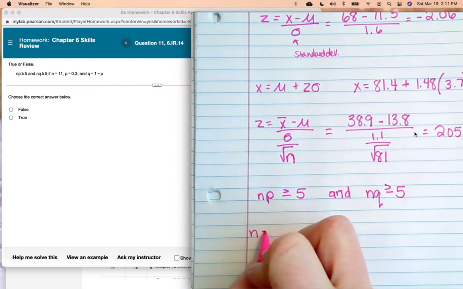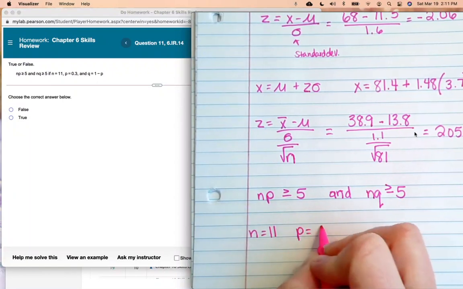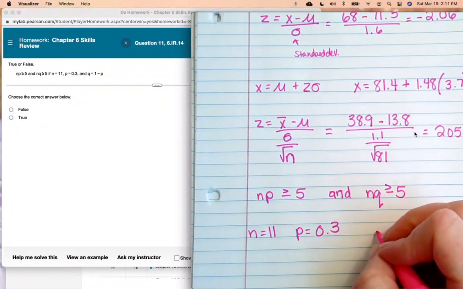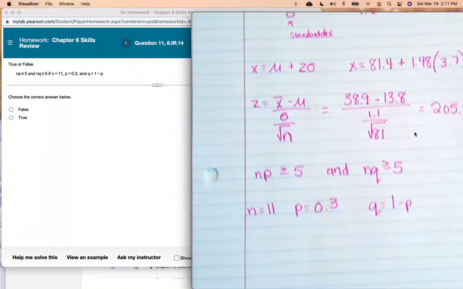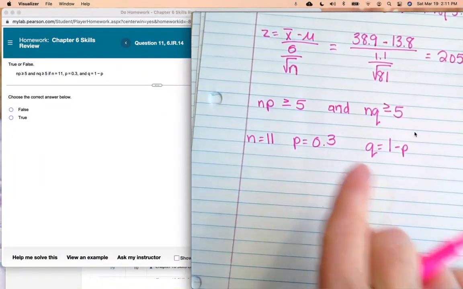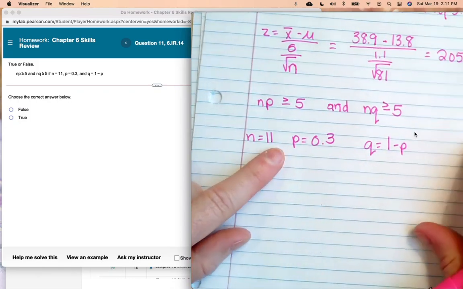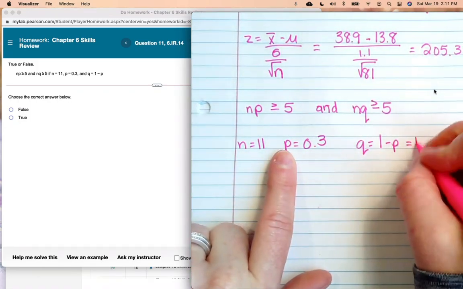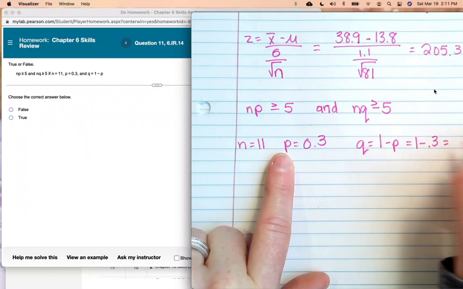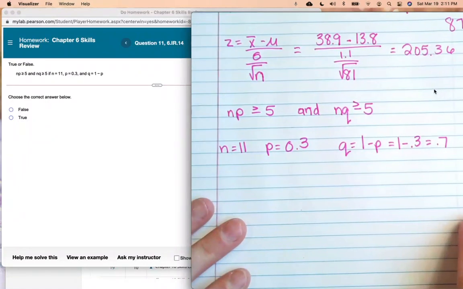And we have n equals 11, p equals 0.3, and q equals 1 minus p. Remember, p is the probability of success in a binomial distribution, and q is the probability of failure. So this will be 1 minus 0.3, which is 0.7.